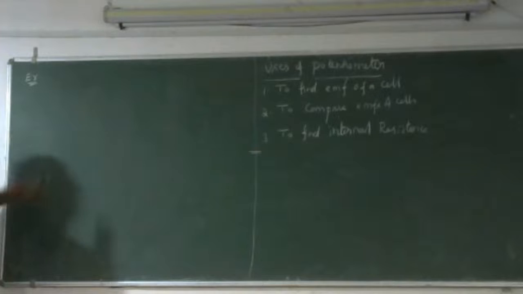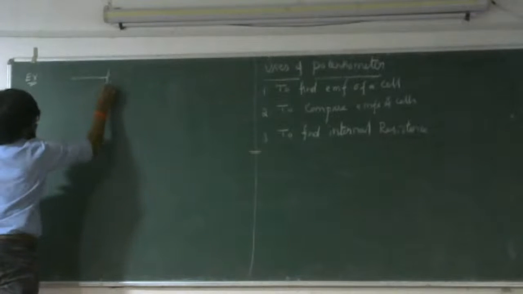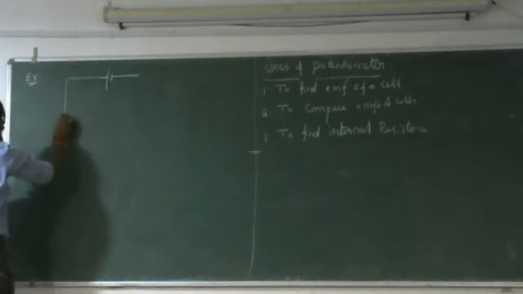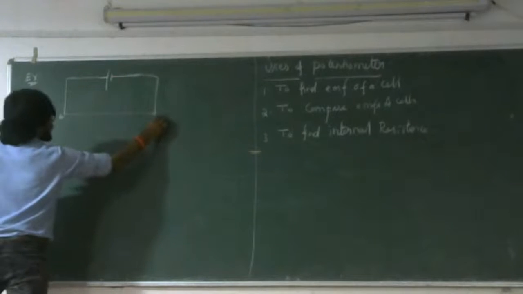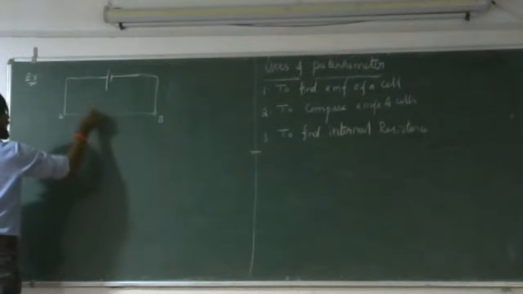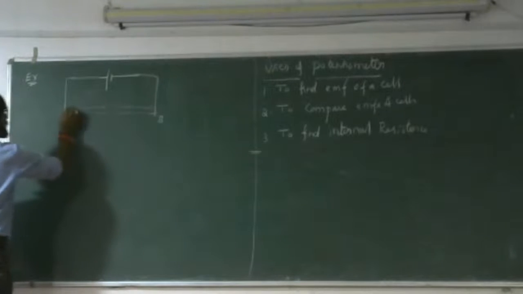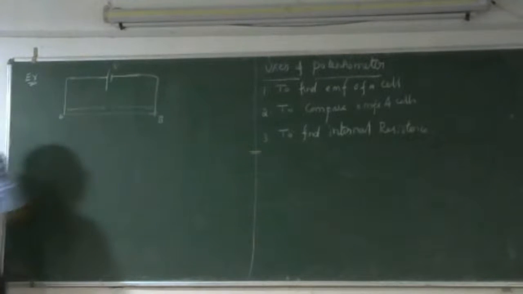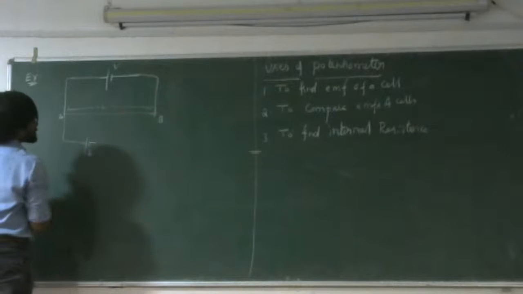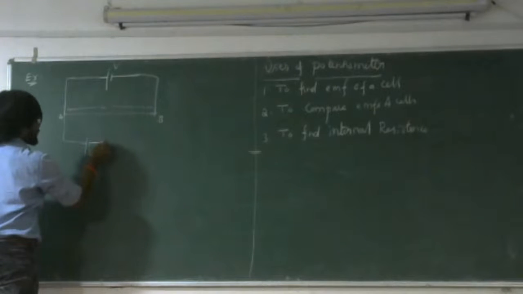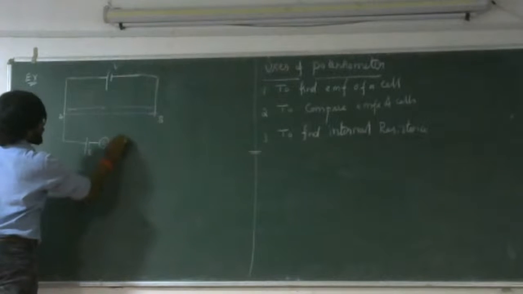Say you have a battery connected to a wire between 2 points A and B, of length capital L, and its potential difference is V volts. This is connected to a cell of EMF E, and of course a key, a resistor, a galvanometer, and a jockey.